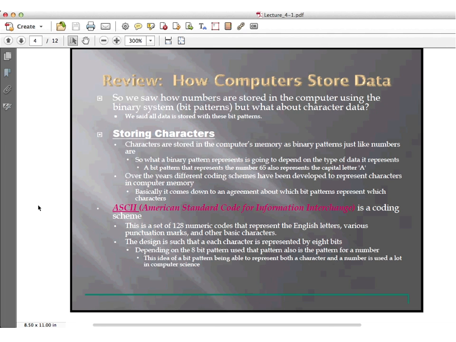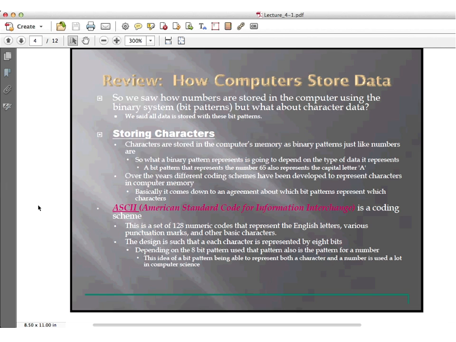What about characters? Remember, bit patterns are used to represent characters. And they're stored just like numbers are, but a binary pattern is going to depend on the type of data it represents. For example, you can have the number 65 in binary.